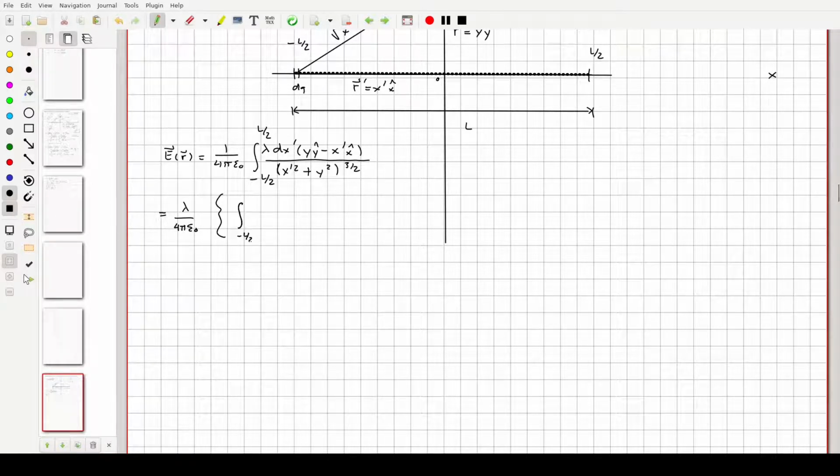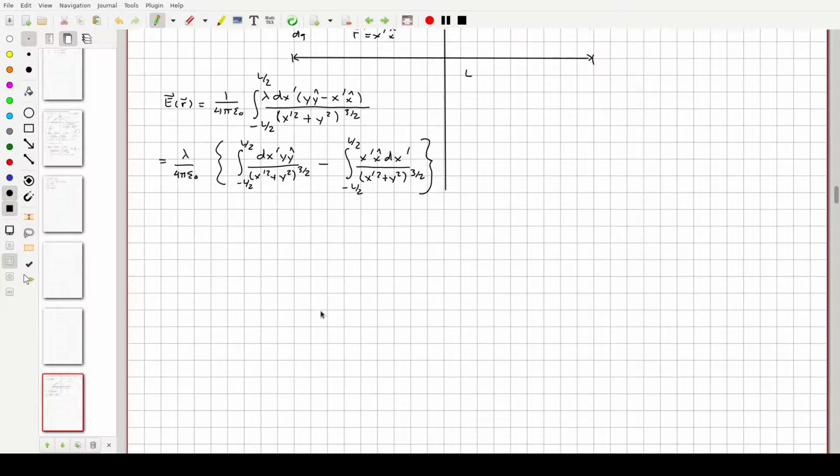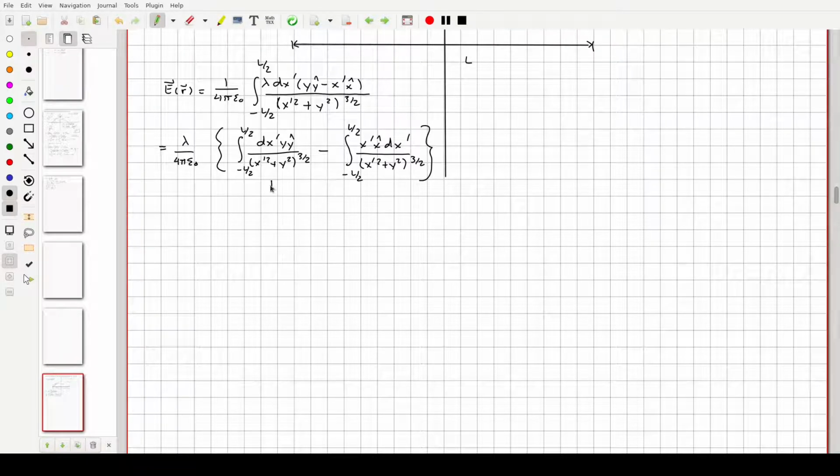First integral going from minus L over 2 to L over 2 of dx prime y hat over x prime squared plus y squared raised to the 3/2 power, minus, again, another integral, minus L over 2 to L over 2 of x prime x hat dx prime over x prime squared plus y squared raised to the 3/2 power. Okay, so these are our integrals again. That's number 1. That's number 2.